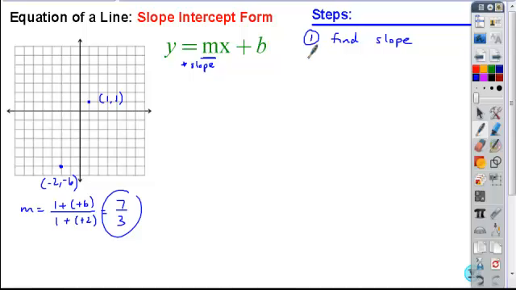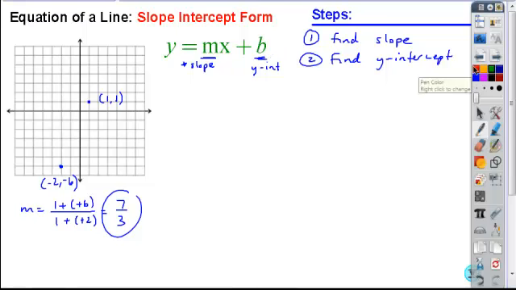Okay, next, the second step is to find your y-intercept. The y-intercept is our b value. And when we find our y-intercept, this involves several steps.